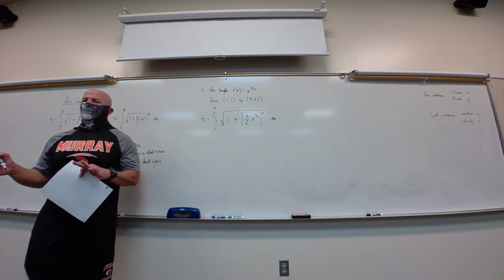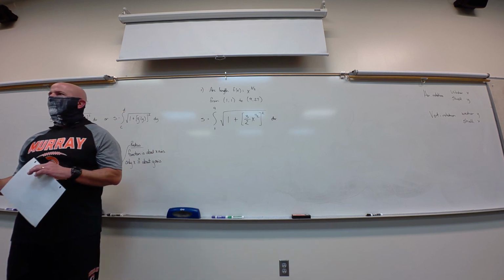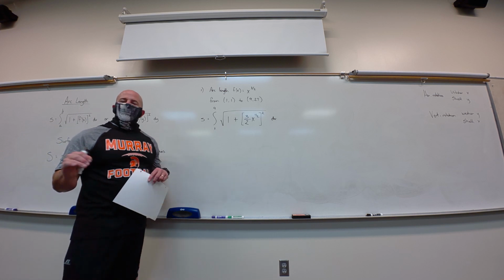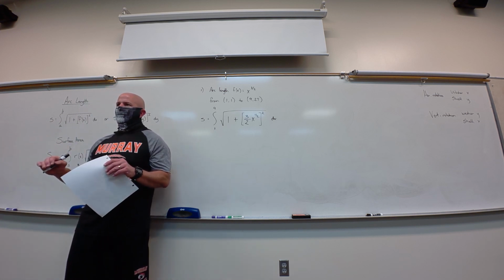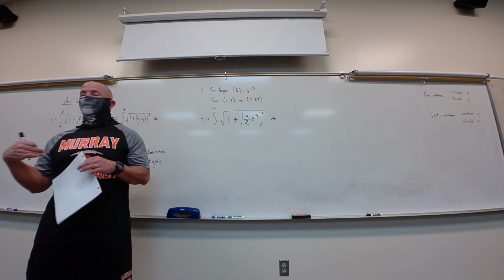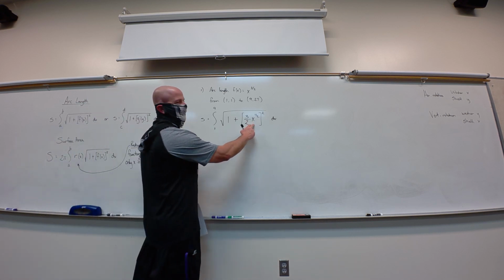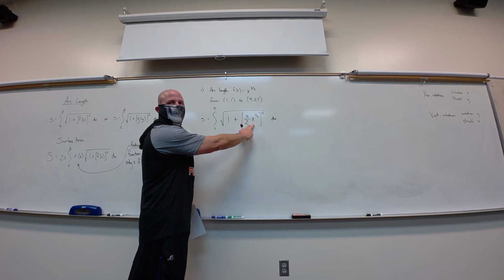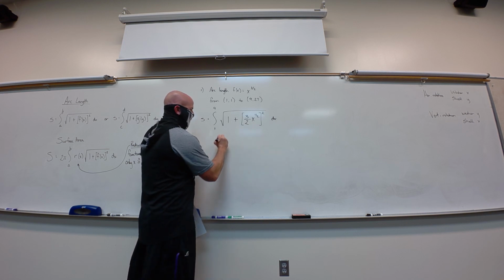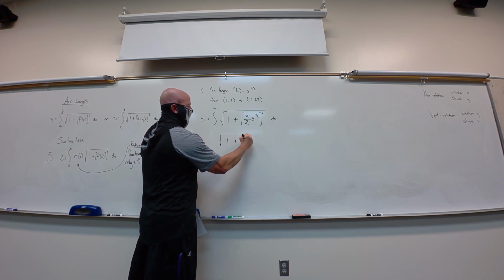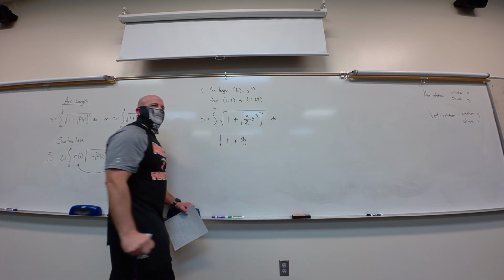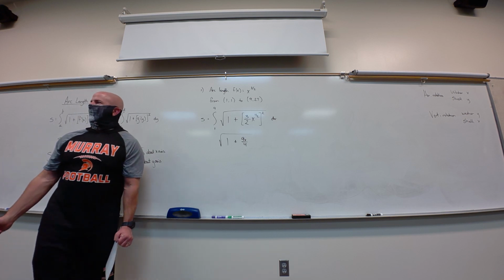Now it really depends on your calculators. For me, I don't have the math type or whatever on my calculator, so I'd have to use a lot of parentheses. So for me, I would much rather simplify this when I can. But it really just depends on you and your calculator. So for me, I'd make this 1 plus 9x over 4 because I could square that out.